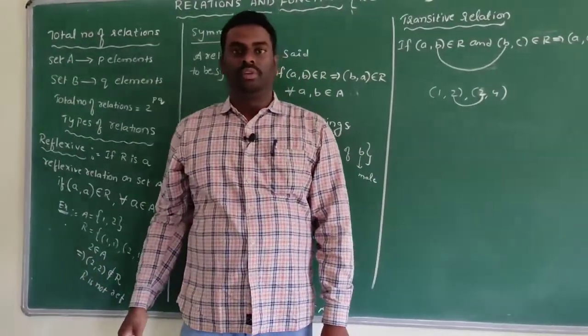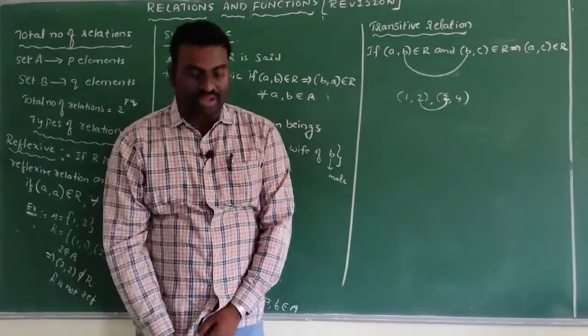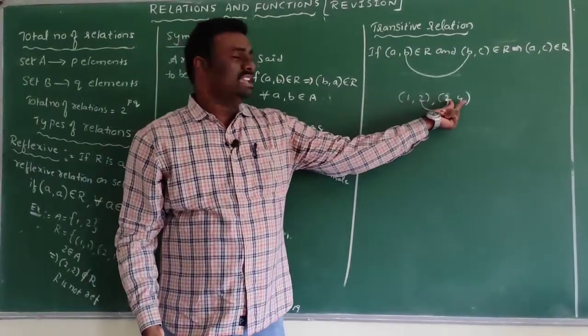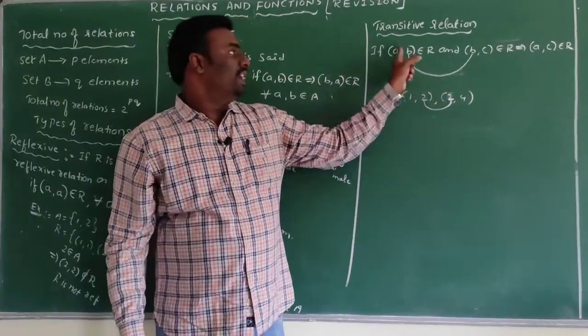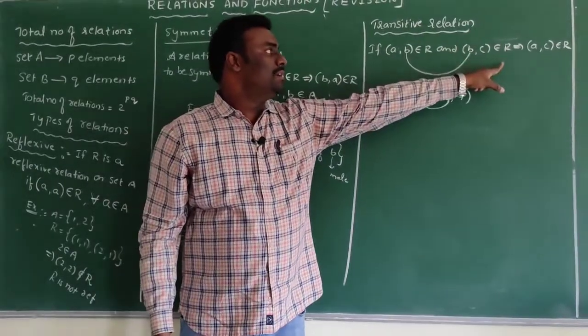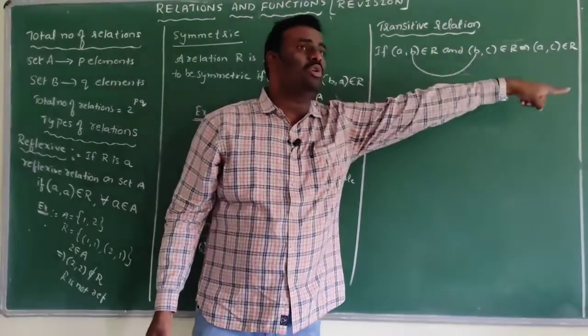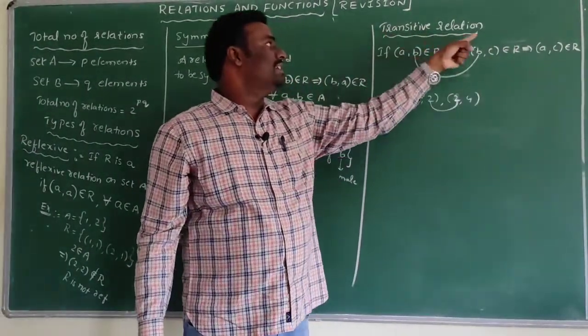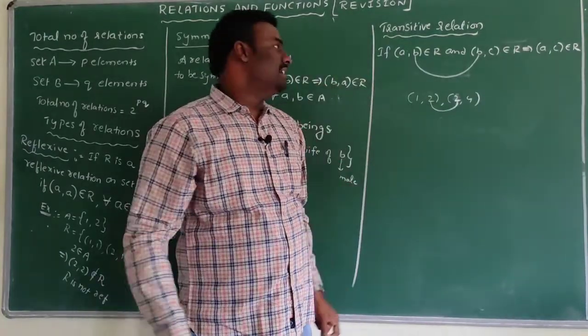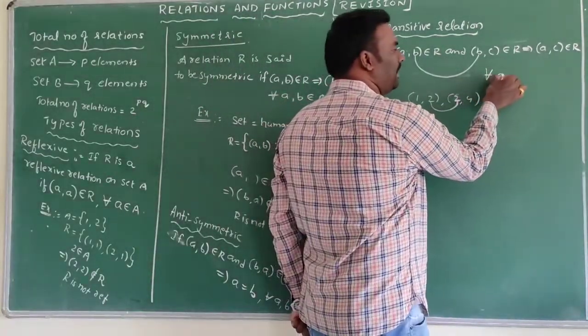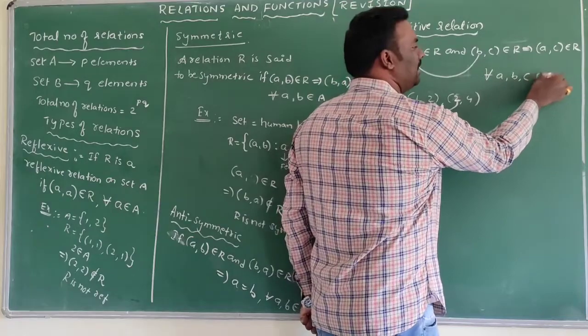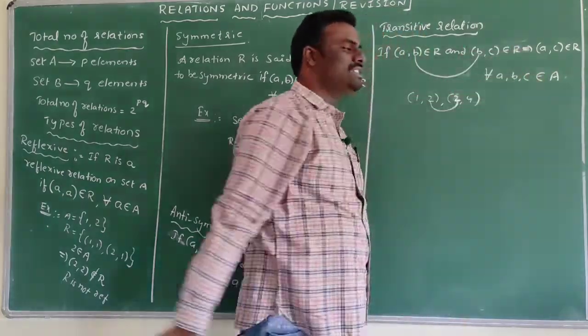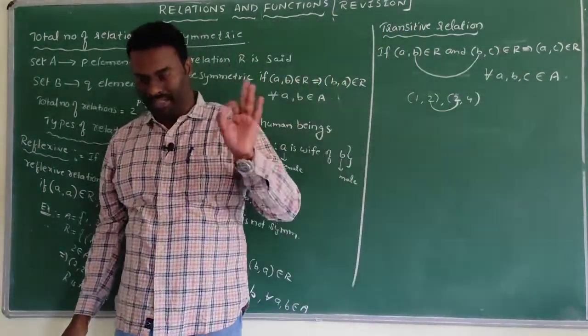Here transitive exists. If (A, B) and (B, C) belong to R, then (A, C) also belongs to R. That relation is called transitive relation. Here also A, B, C belong to the given set capital A.